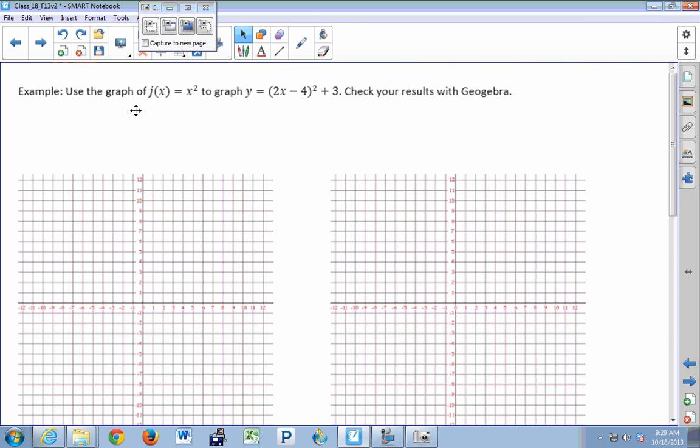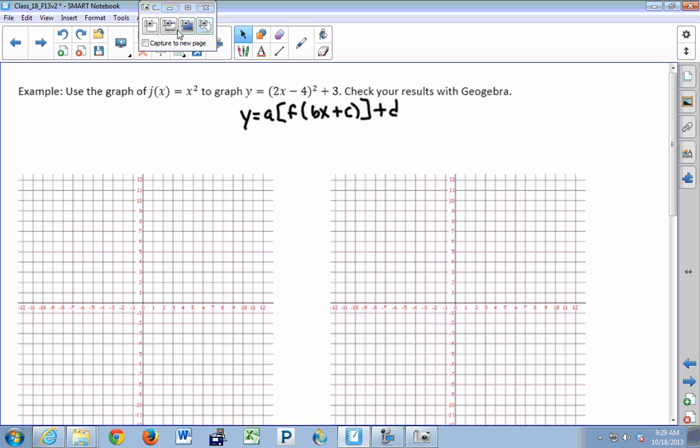Okay. All right, so here's what I was trying to talk about earlier. Notice this graph has this form.